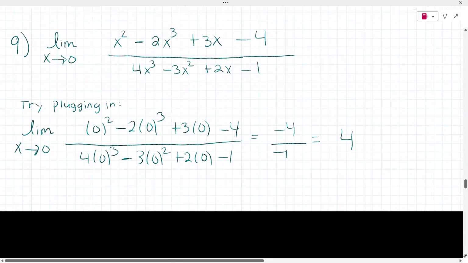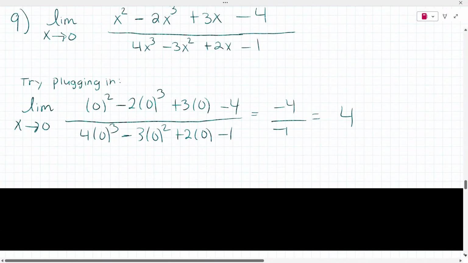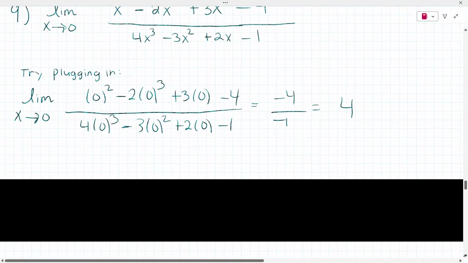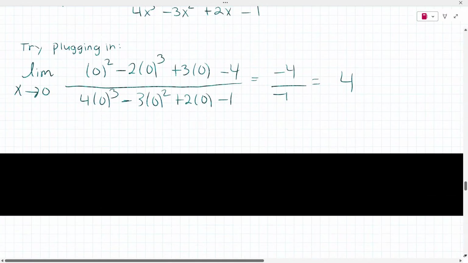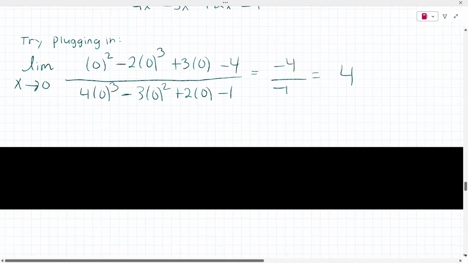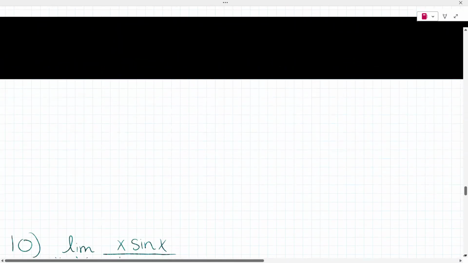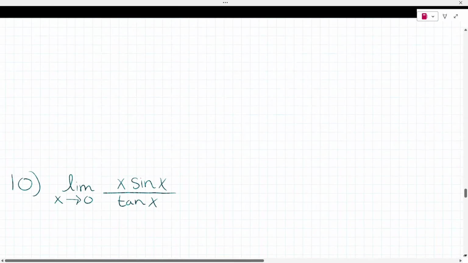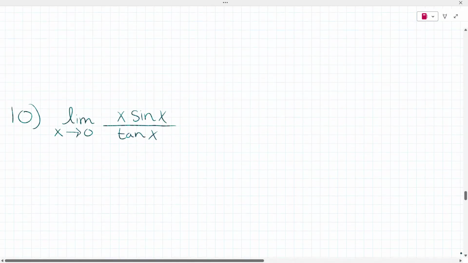Move on to example 10. Example 10 says we have a trig limit, the limit as x approaches 0 of x times sine of x over tan of x.